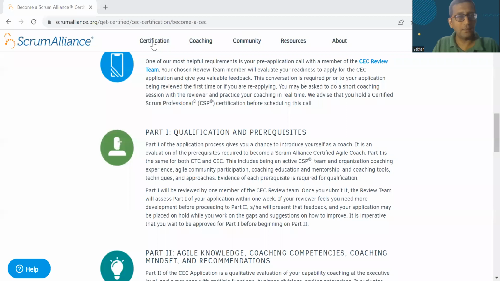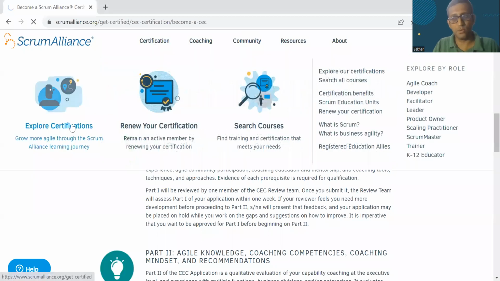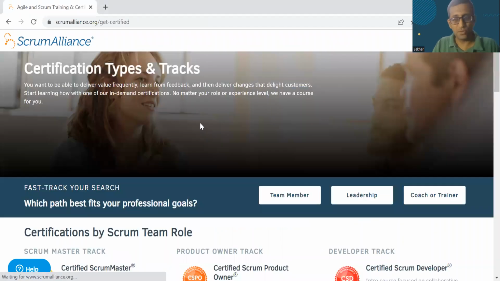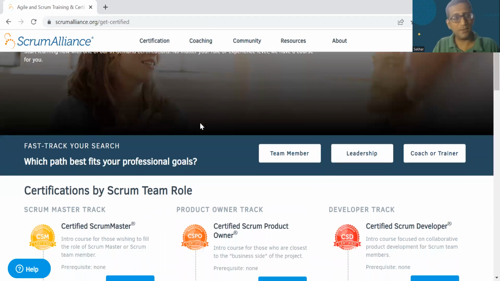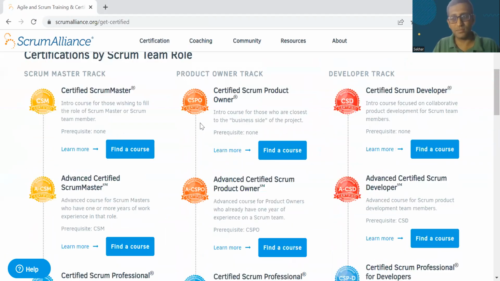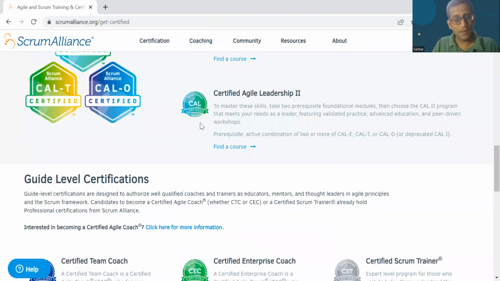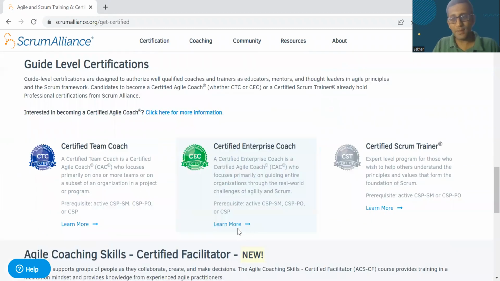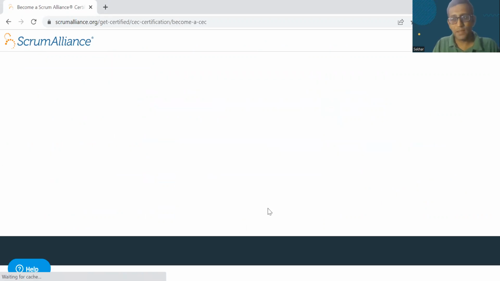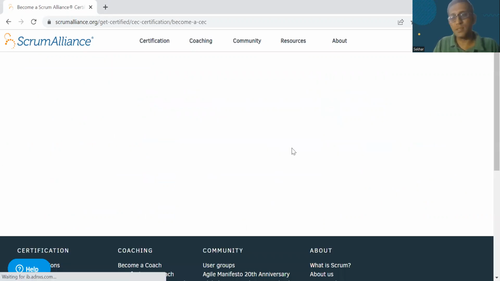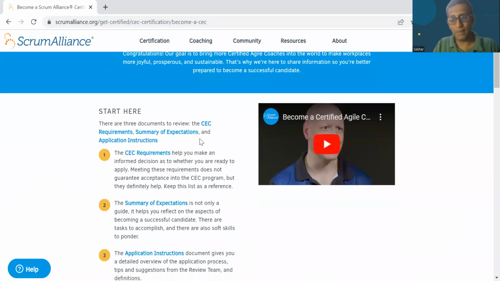So quickly, when you go to explore certifications on the Scrum Alliance website, you have to scroll down and click on Certified Enterprise Coach, and this is the page you should be looking at.